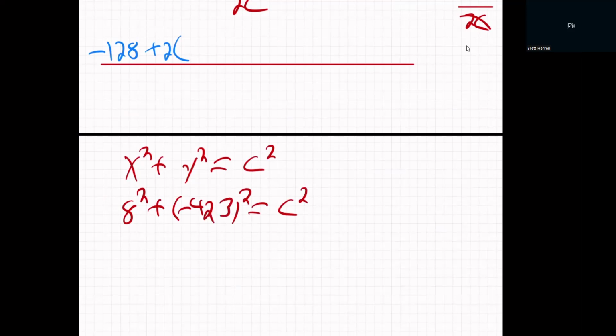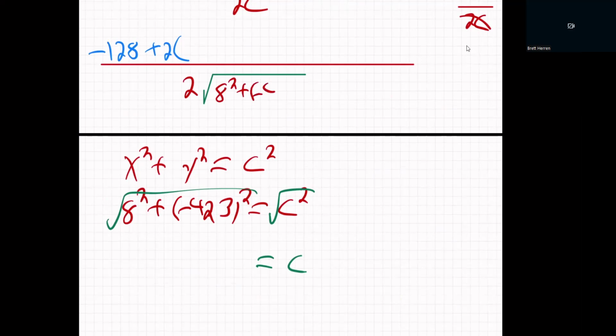So then we hit the buttons on our calculator, root both sides, and we get c. So on the bottom, that's going to be 2 times the square root of 8 squared plus minus 423 squared, because that's c.